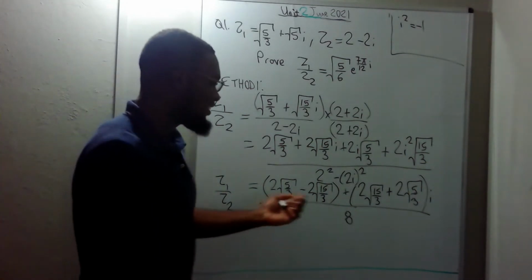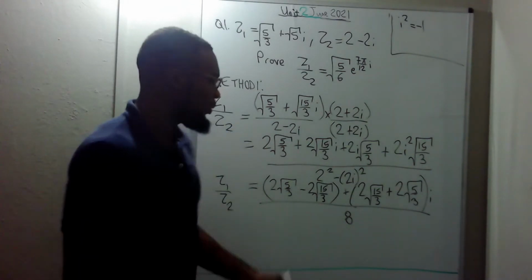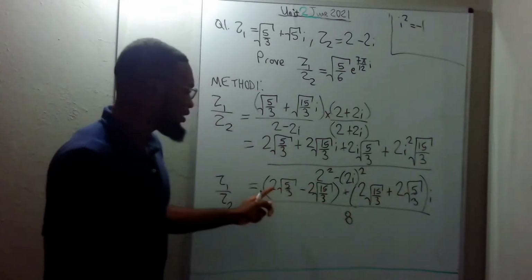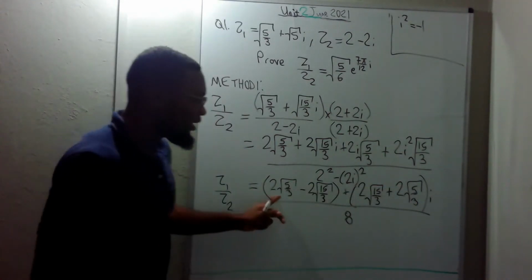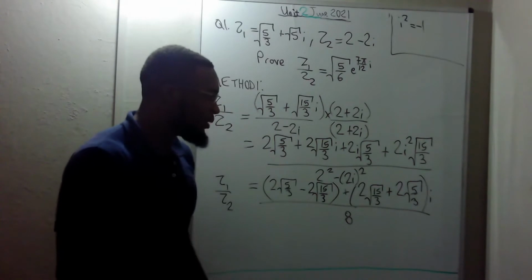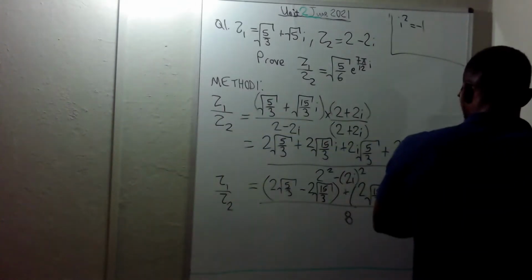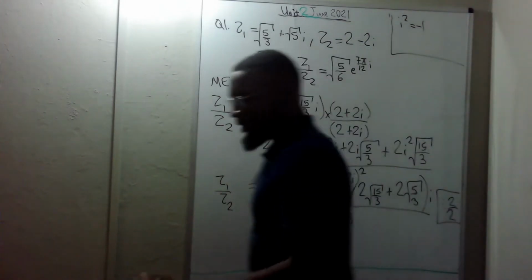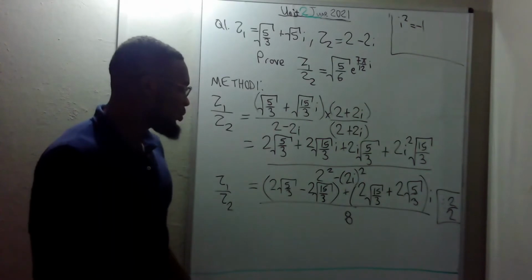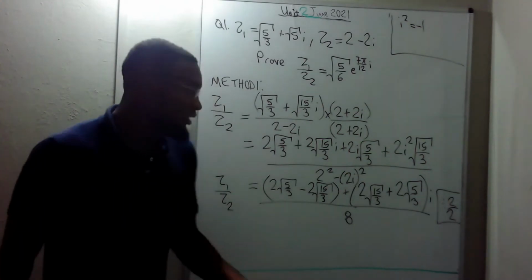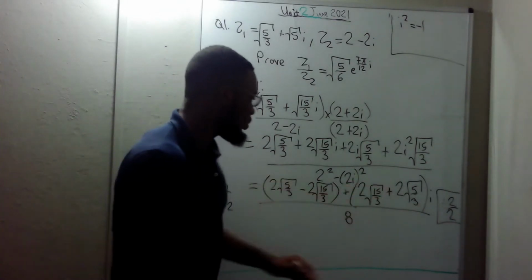Once you get to this step, I hope nobody did it this way, but just to do it the normal way, you notice everything has a 2. Since everything has a 2, we can divide the numerator and the denominator by 2. The 2s cancel.